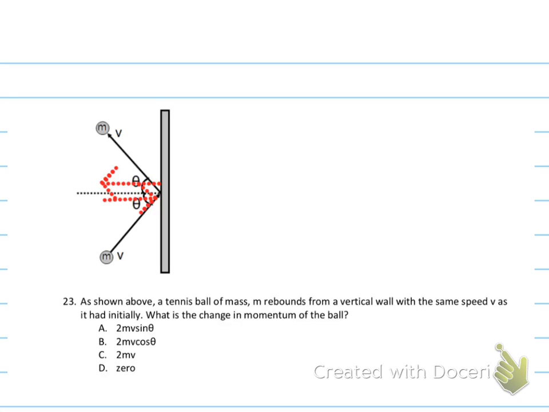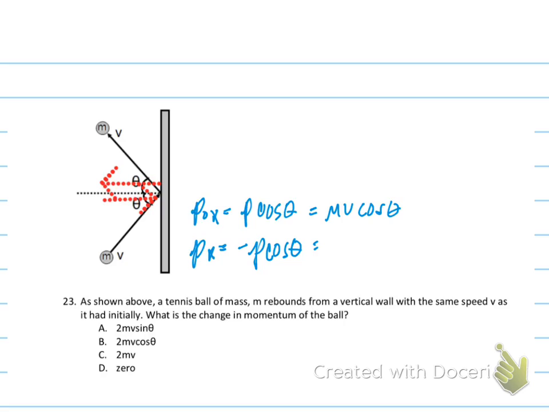So let's see. Initially, its initial momentum in the x direction is going to equal p cosine theta, and its final momentum in the x direction is going to be equal to negative p cosine theta, and p is equal to mv, so negative mv cosine theta.